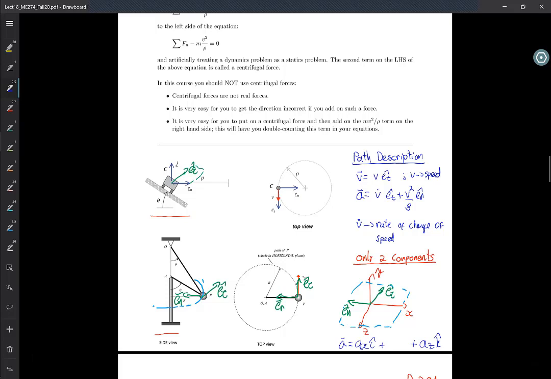Zero, right? Because this lives on the zx plane. And this is a very important concept that you need to grasp. There is no third component in path. It's always two components. All right?